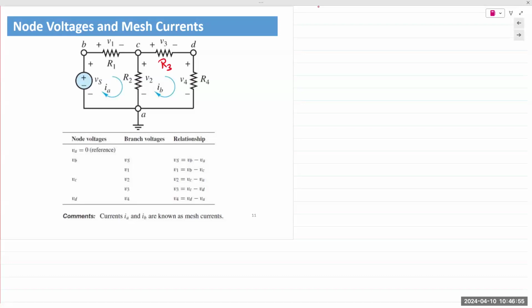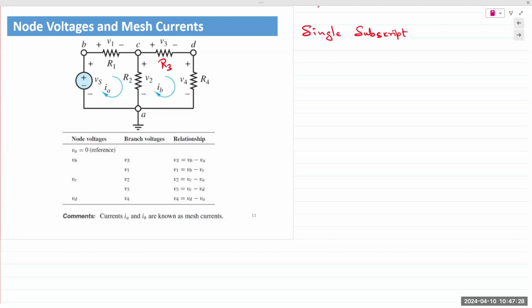Now, we will look at a single subscript notation, where we simply use VA, VB, VC, and VD. The second subscript is implied. And so that reference point could be any node in the circuit.